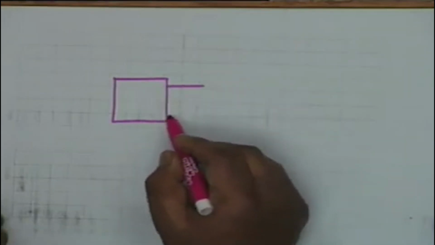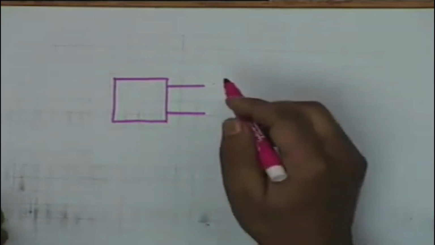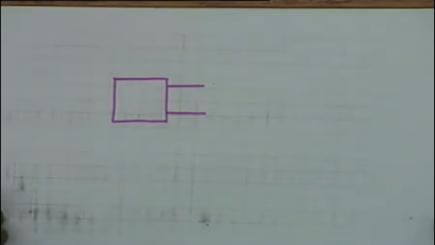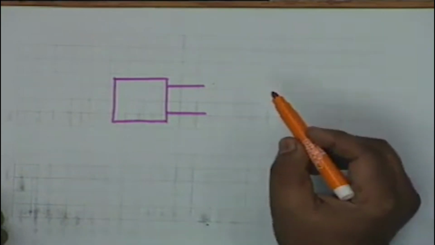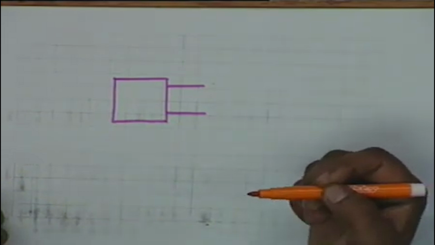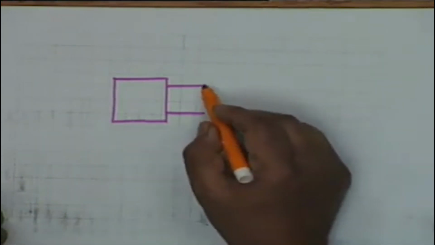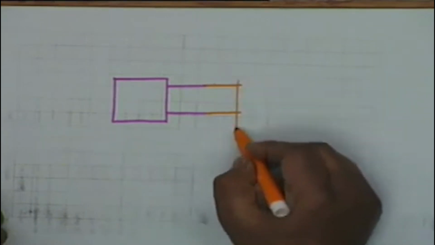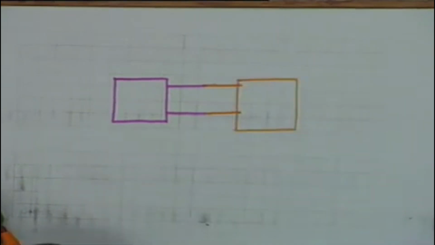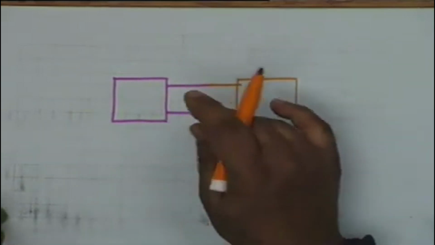ports. I introduced the concept of ports yesterday, and I said that if I have a network which has 2 terminals only, then you say it is a one port, and therefore all you can do is you can connect to this either a voltage source or a current source or any other general network, okay, any other one port.